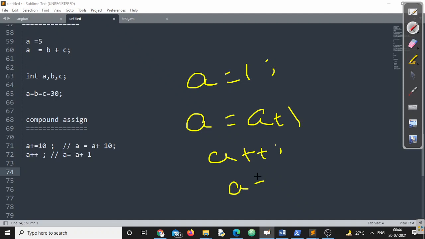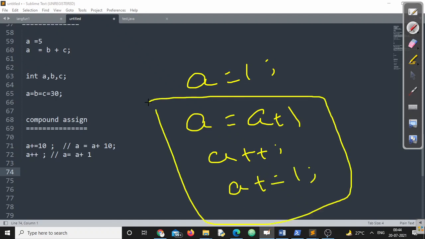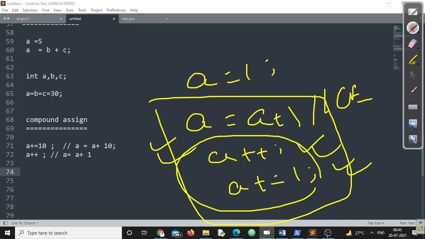Can you tell me the difference between all this? Now you can answer this question. This is a very vital question for your interview room. The first one will definitely be a compiler error. Second one is valid. Third one is valid. The common point about both of these is they are not only incremented, they are also typecasted.